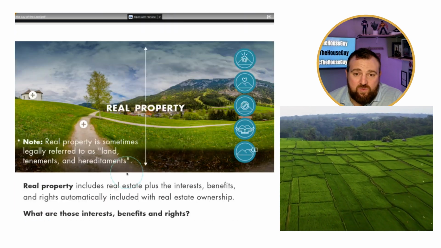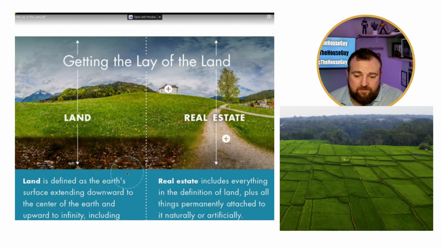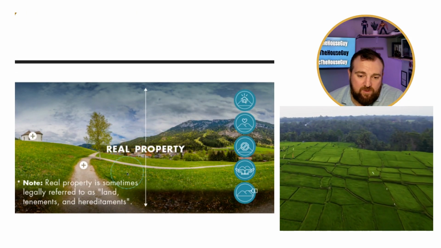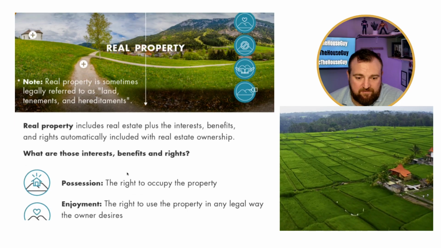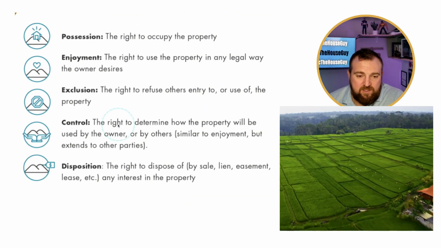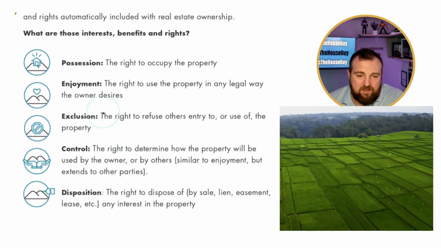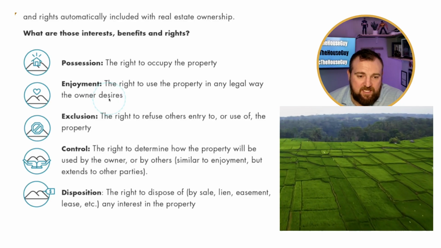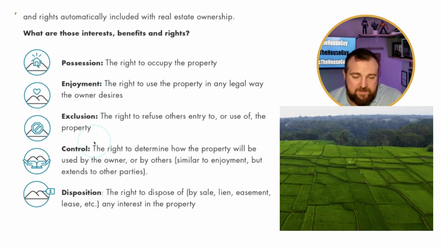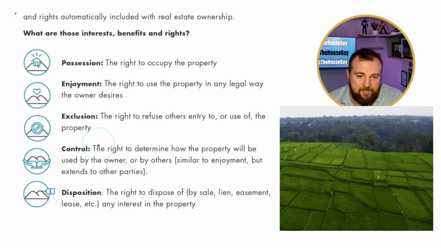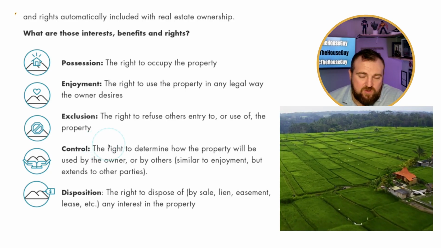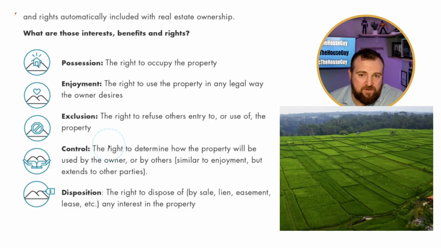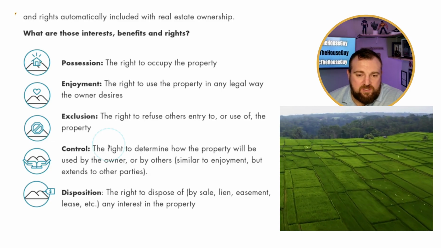If I sell you real estate, but I don't say real property, you have no rights. You can't do these things. Possession, enjoyment, exclusion, control, disposition, those are real property. And it goes with both. Very, very important that you separate the three.